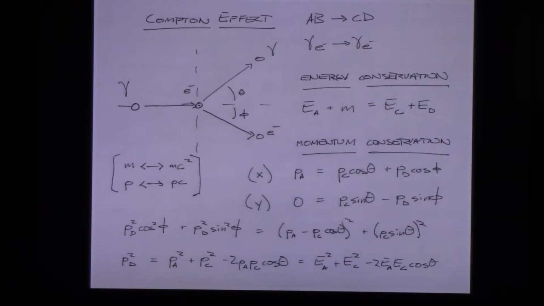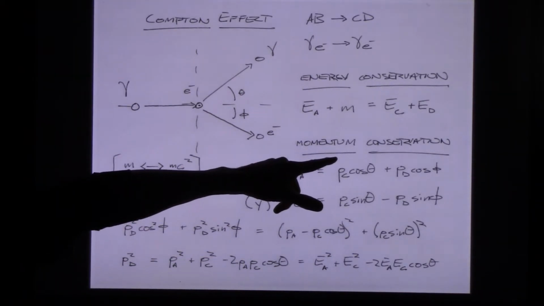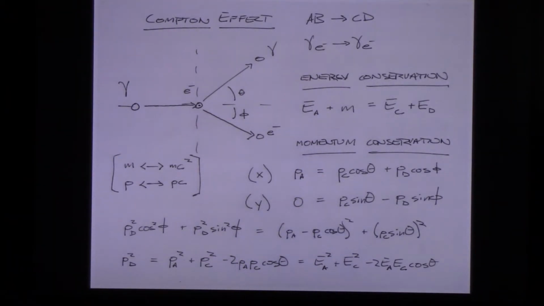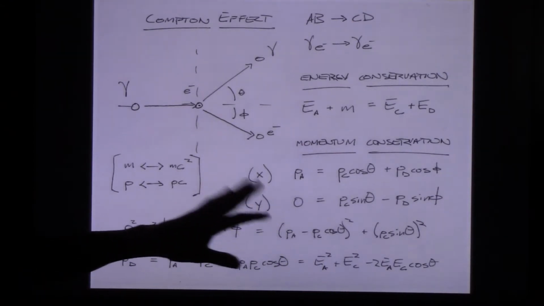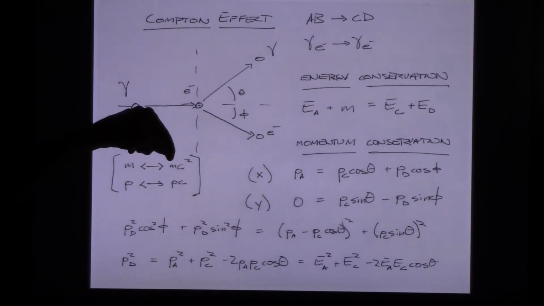In any case, we're going to do a bunch of derivations. We're going to look at energy conservation, momentum conservation. Now, the plan is in these derivations, we did this once before. I'm hoping it worked out okay. Anytime I write down m, I really need mc squared. I mean that. That's what it's standing for.